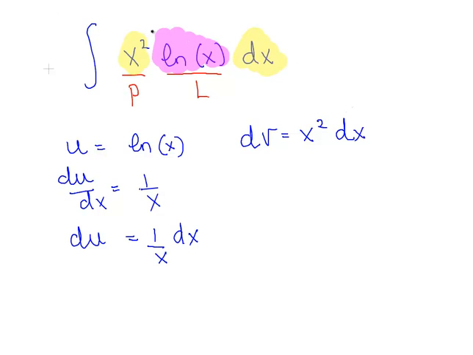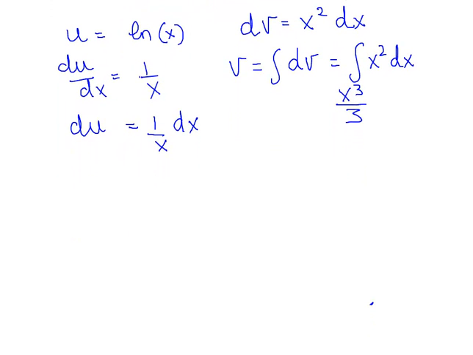Now to find v, the integral of dv is the integral of x squared dx, and that's x cubed over 3. We don't have to worry about the undetermined coefficients just yet. We put them in at the end, and we're not at the end yet. So the integral I equals uv minus the integral of v du.